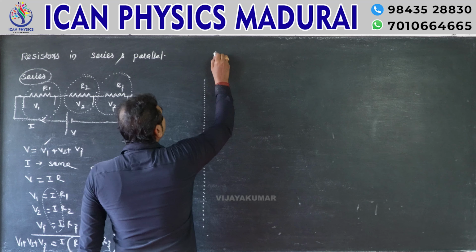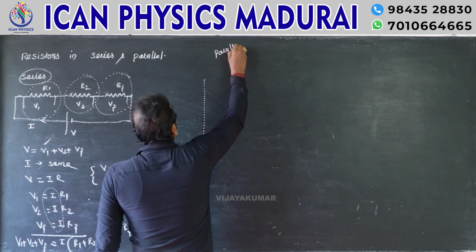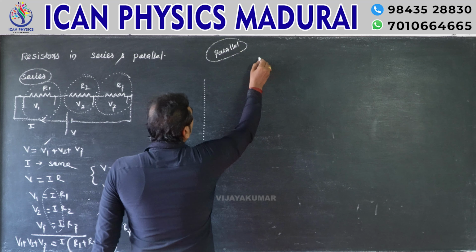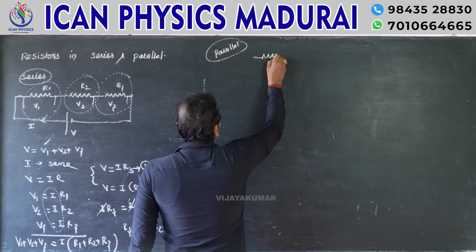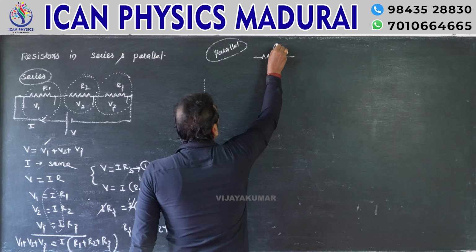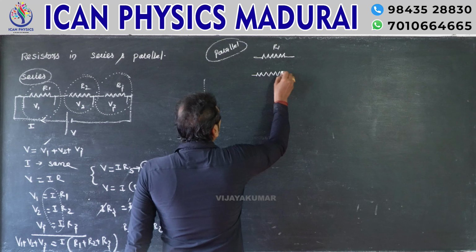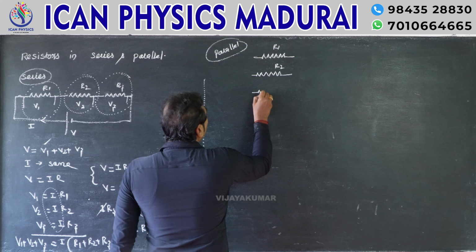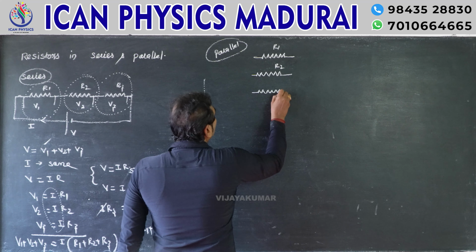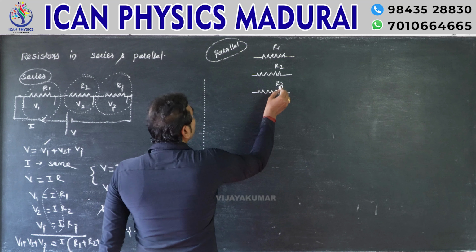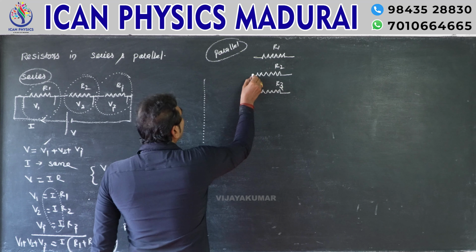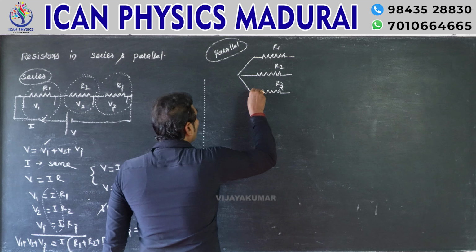So what about the second topic? It is the resistors in parallel. A resistor of resistance R1, a resistor of resistance R2, a resistor of resistance R3, connected in parallel.